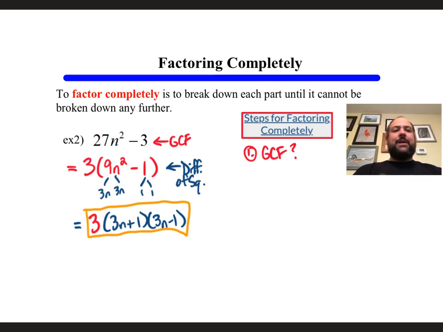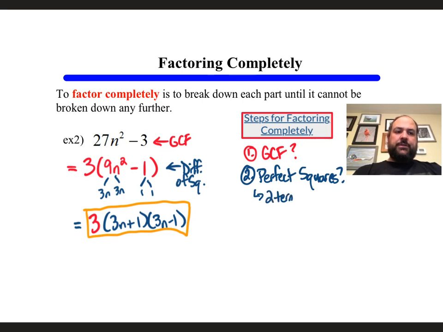Then once we factor out the GCF, the second thing we want to look for is, are there any perfect squares? That means I'm going to be looking to see if I can use one of 2 methods. If it's 2 terms, that means we're going to use a difference of squares, where we split it up into different binomials, same terms but different signs.